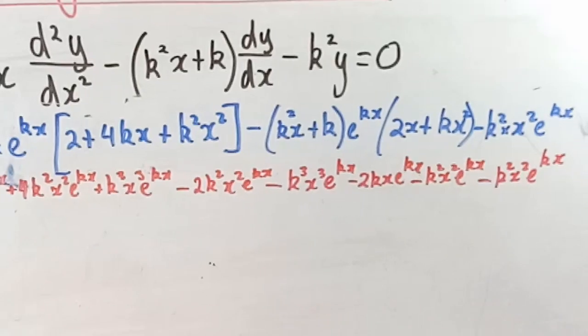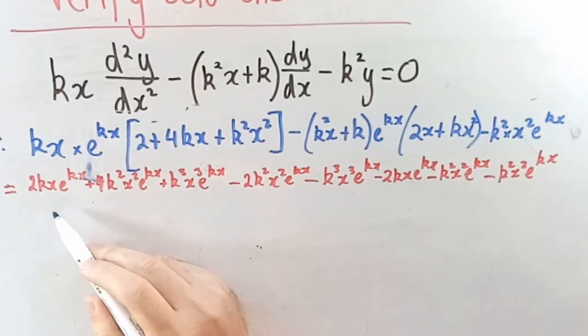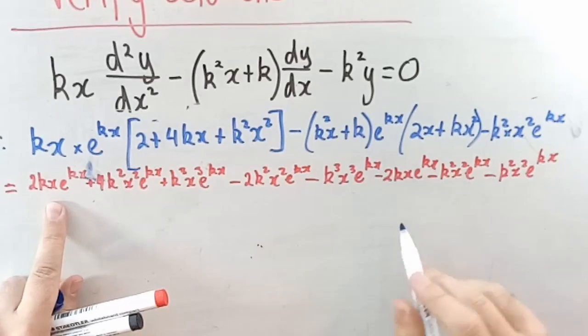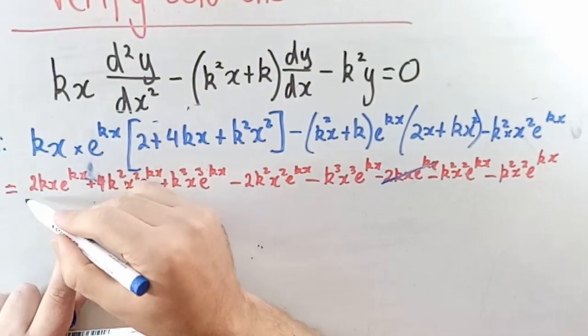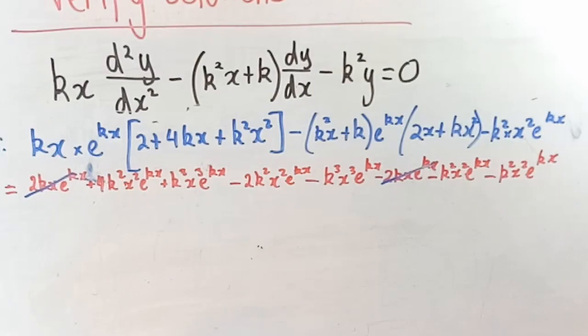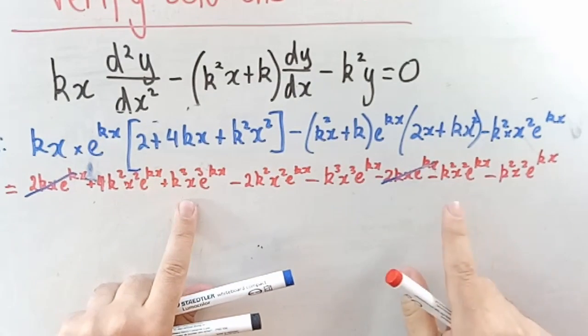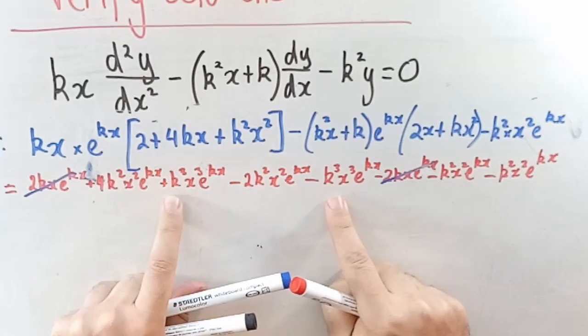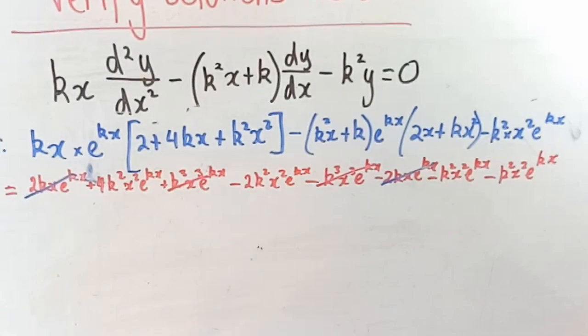Now, there's a 2kx e to the kx and a minus 2kx e to the kx, so those two cancel out. What about my x cubes? I've got x cubed k cubed e to the kx, plus and minus. These two cancel. That's lovely.